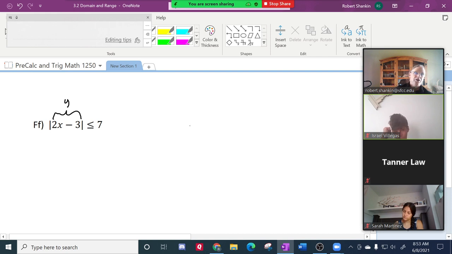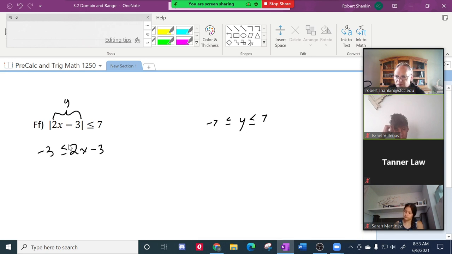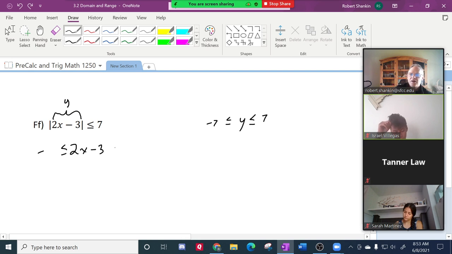I would do y trapped between -7 and 7. So it's not a y though, it's this, but I do that same expression. I treat it the same way. -7 and 7.